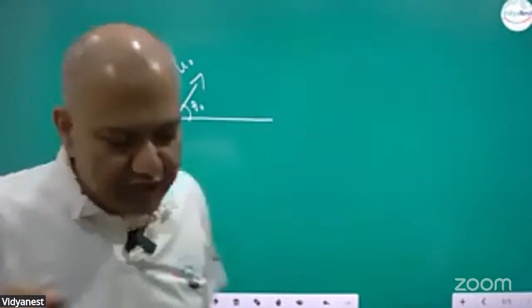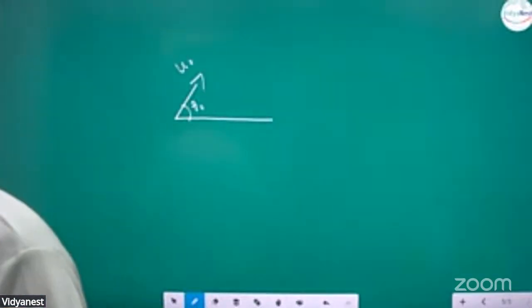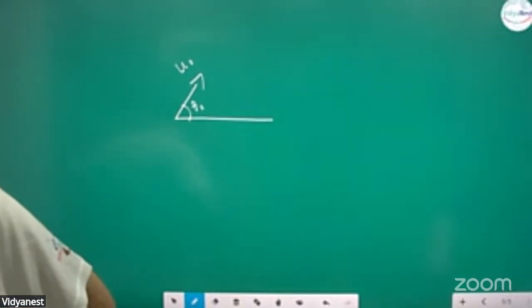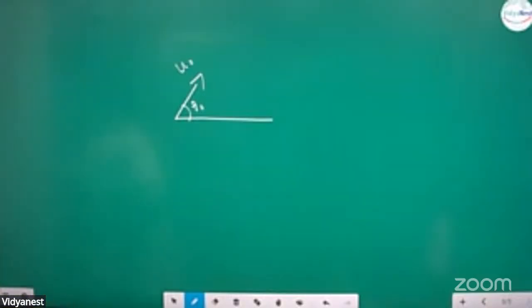And if it attains a speed equal to root over 2/3 times the speed of projection, it attains this speed when the body is at half of the maximum height.